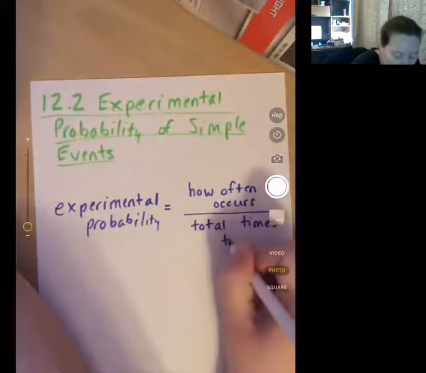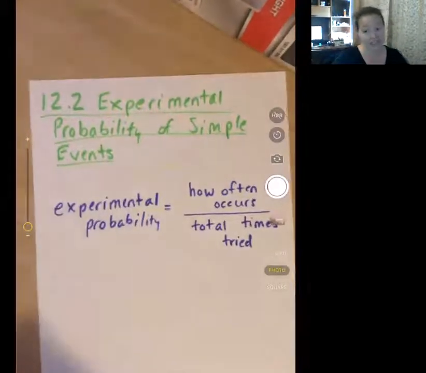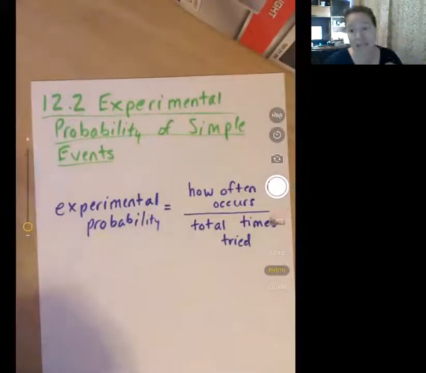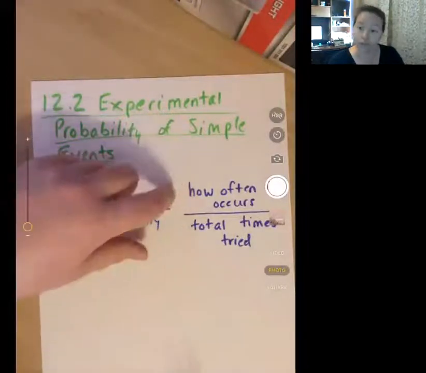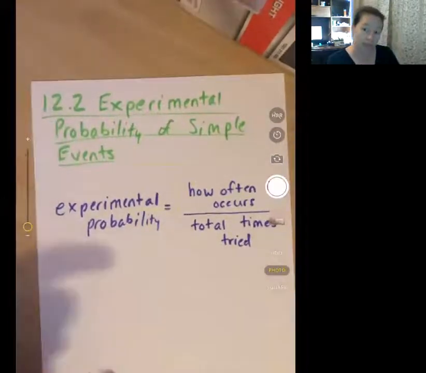Over total times tried. So since we had the clouds on 7 days, that was 7 days we tried seeing what would happen if we had clouds in the sky. So under total times tried would be the 7. How often it occurs would be the 2, because it actually rained 2 times.